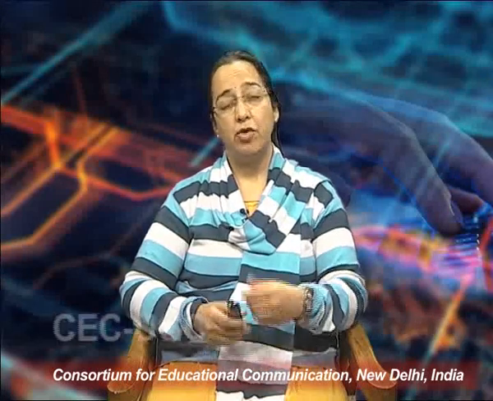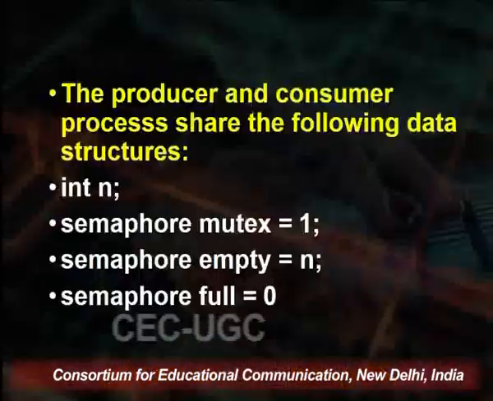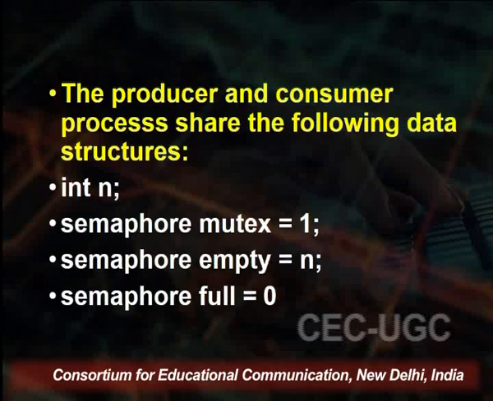So, basically what we are assuming here is that our buffer pool consists of n buffers, where each buffer is capable of holding one item. That is why we have taken integer n, and presently all these buffers are empty. So, we have set the value of semaphore empty as n, which means all the buffers are available.